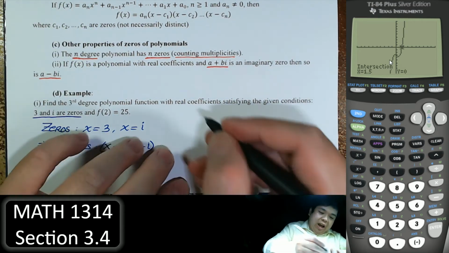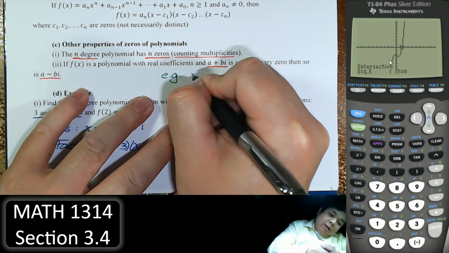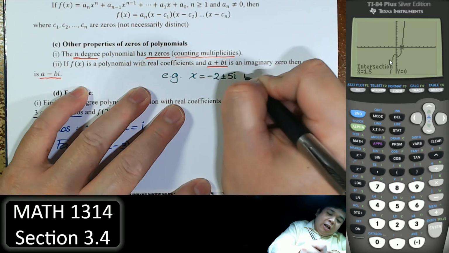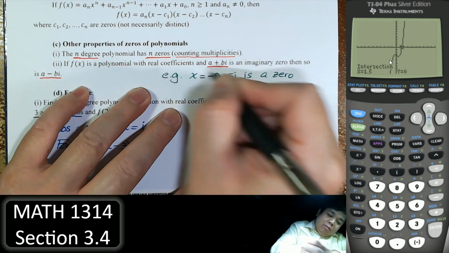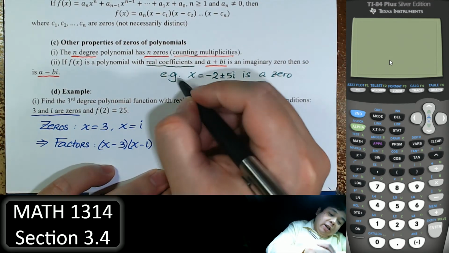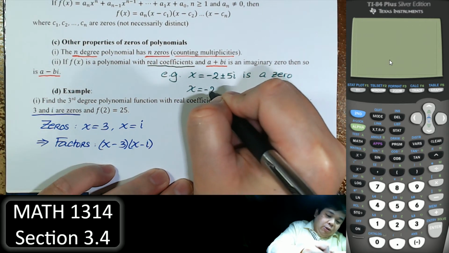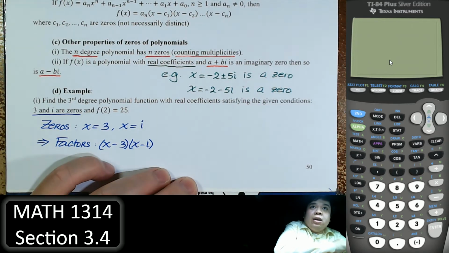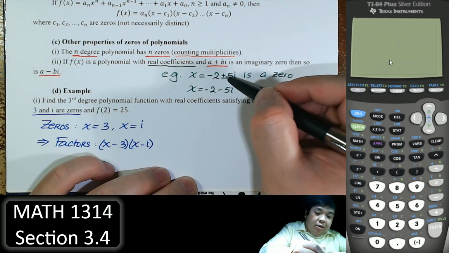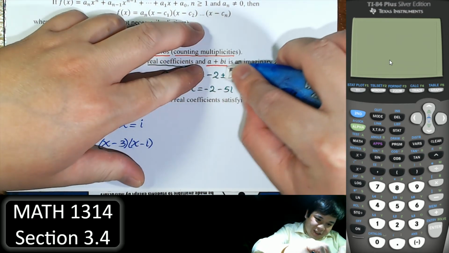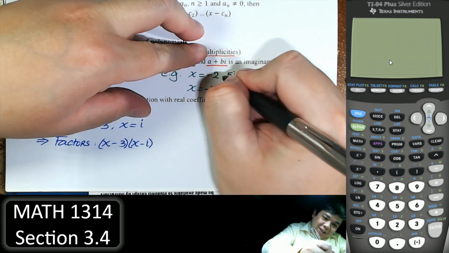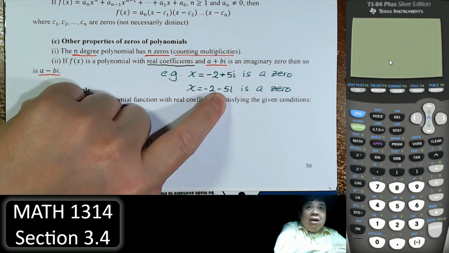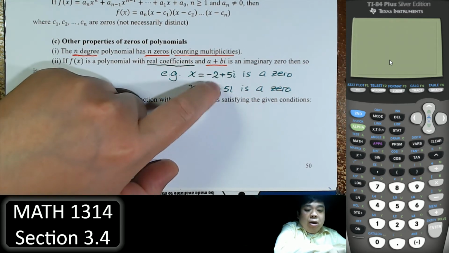For example, if the solution is negative 2 plus 5i, and it is a zero, but of course for real coefficients only, then x equal to negative 2 minus 5i is also a zero. So the real part will be the same. The imaginary part, one positive and one negative.